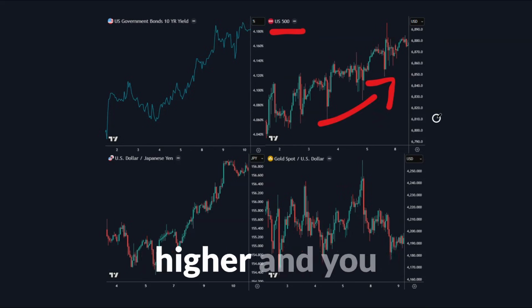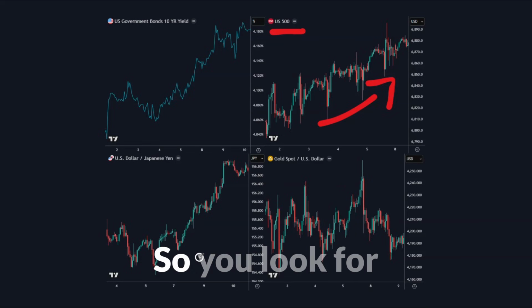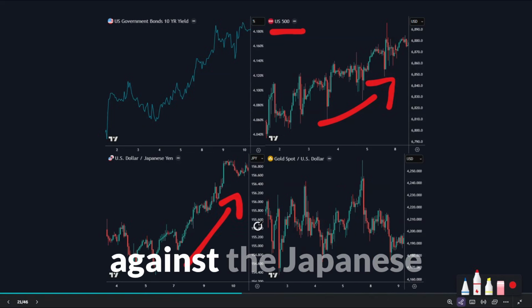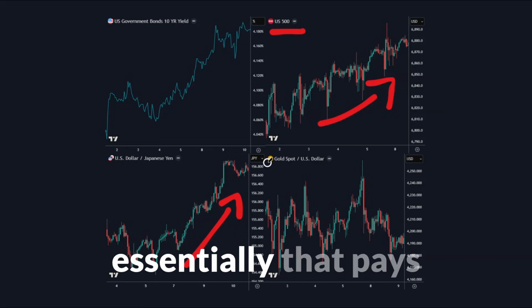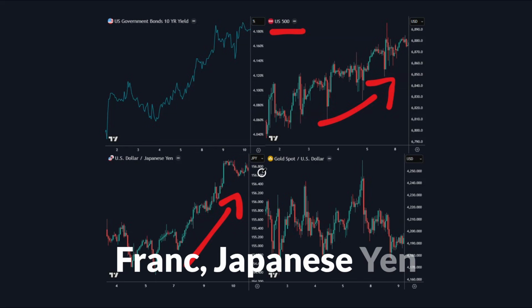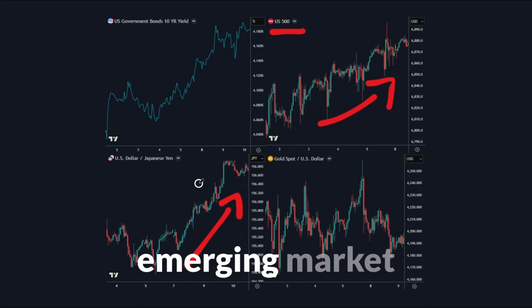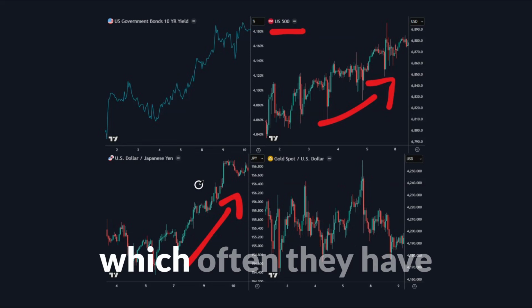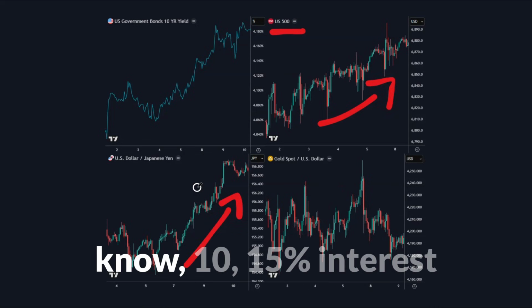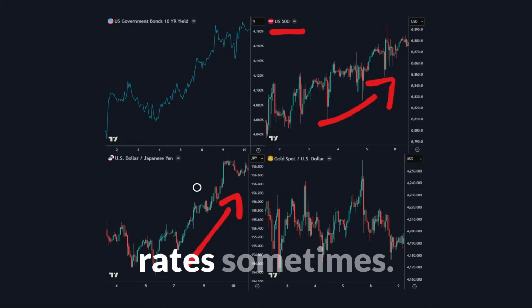In fact, they trend higher. And you look for carry. So you look for passive interest. So you look for the dollar to do well against the Japanese yen. Or any trade essentially that pays you positive carry, such as short Swiss franc, Japanese yen. That can also be long emerging market currency, for instance, which often have quite a good carry because they have 10-15% interest rates sometimes.